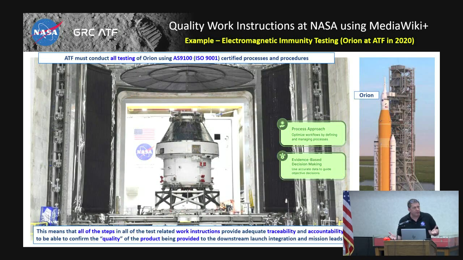So this is a photograph that was taken around 2020 of the Orion spacecraft in one of our chambers. What you can see is I've put the two green elements of the quality management system, process approach and evidence-based decision-making, to basically emphasize that in order to get the spacecraft tested and delivered to the launch site and integrated into the final vehicle, all of that involves multiple organizations all doing quality in the same way.